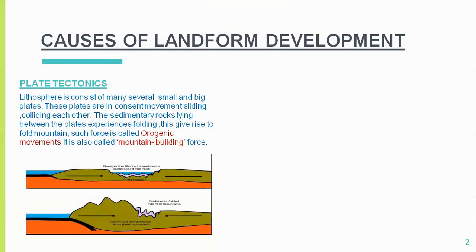They experience contraction. Here in this image you can see this gray portion is your sedimentary rocks, and these sedimentary rocks are in between two plates. So when these two plates start to compress, they experience folding. This folding or orogenic movement is known as your mountain building force.